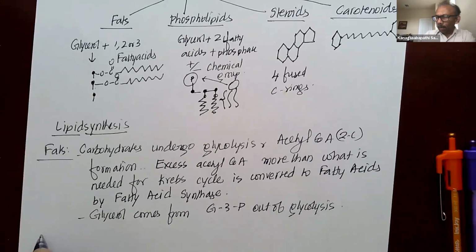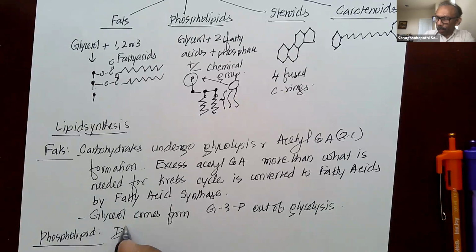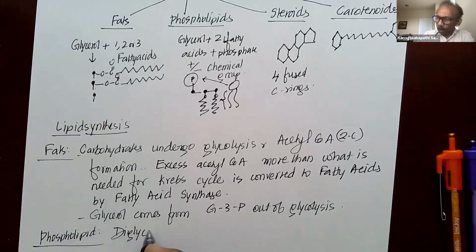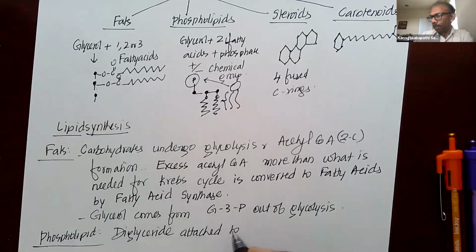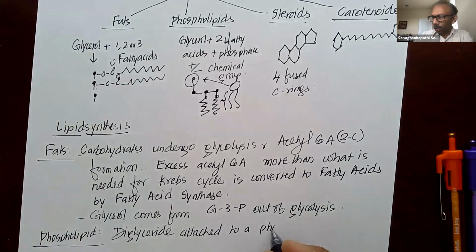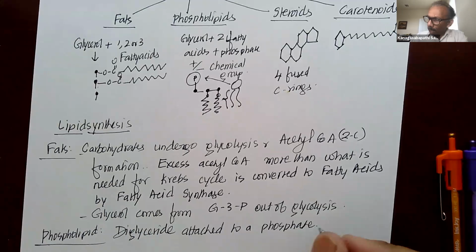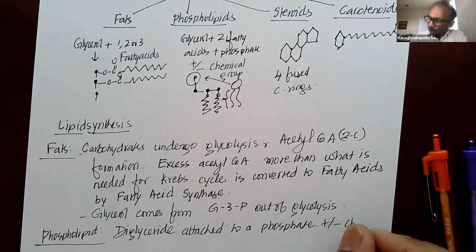So the phospholipid is nothing but a diglyceride coming from the above, attached to a phosphate. That's where that comes in. It's a phospholipid, plus or minus a chemical group.